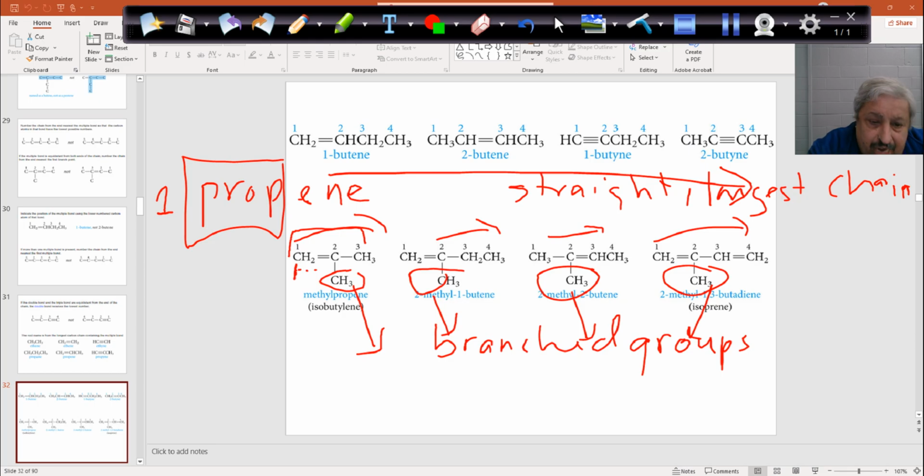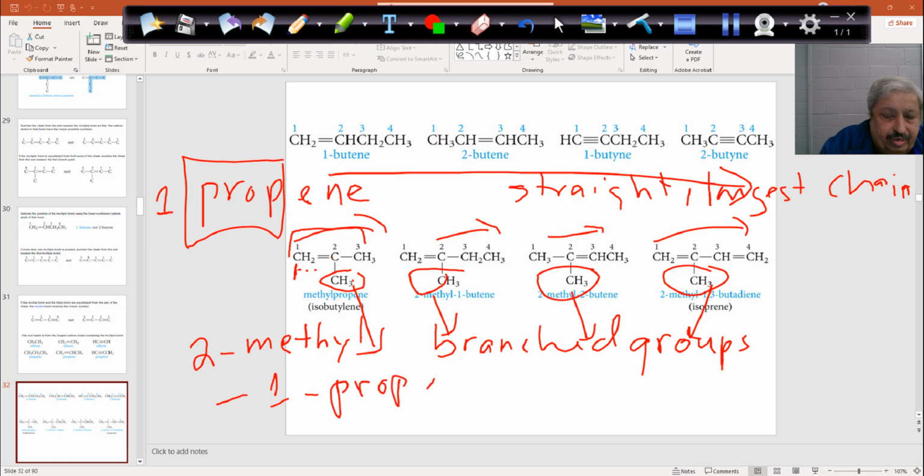Correct? So now 1-propene, and the methyl is hooked up to what? To the second one, correct? Everybody is following? So I will say the methyl is on number 2. So 2-methyl, and then 1-propene, meaning the double bond is at carbon number 1.